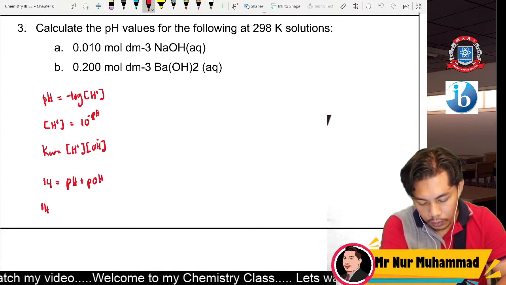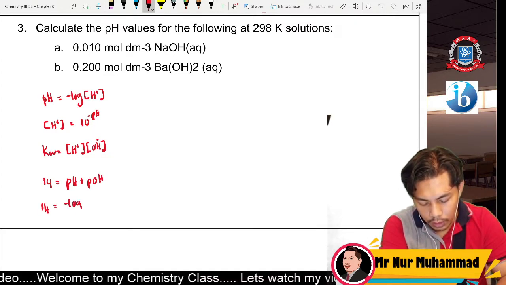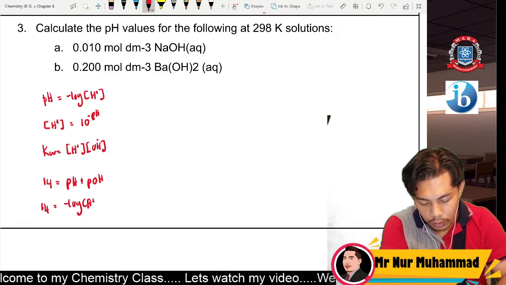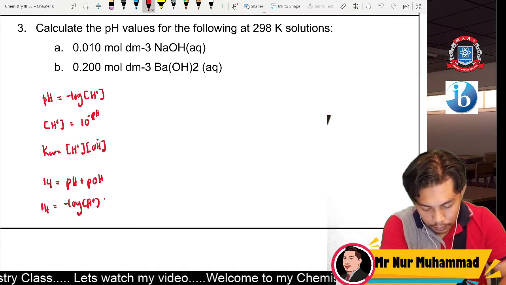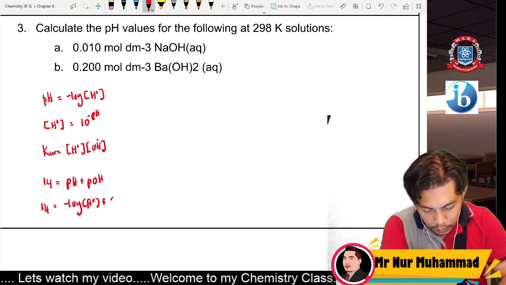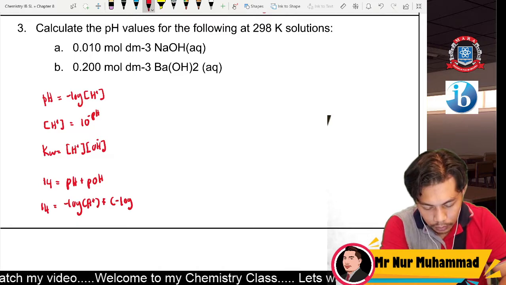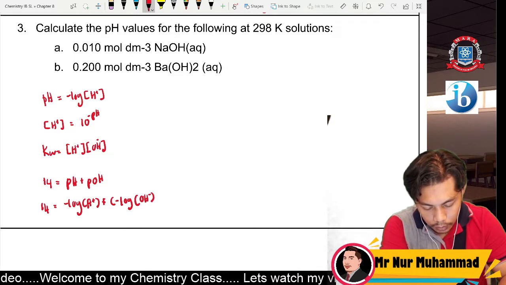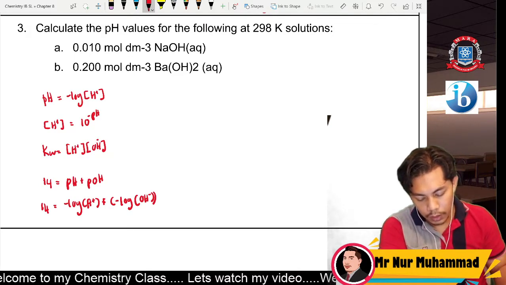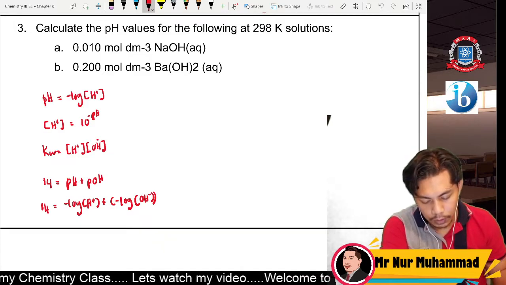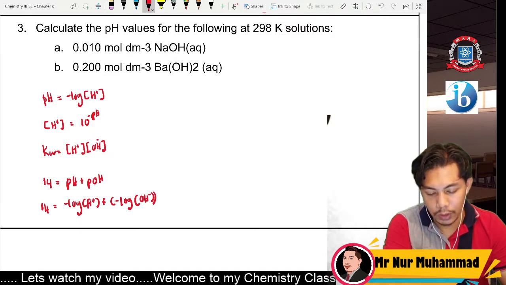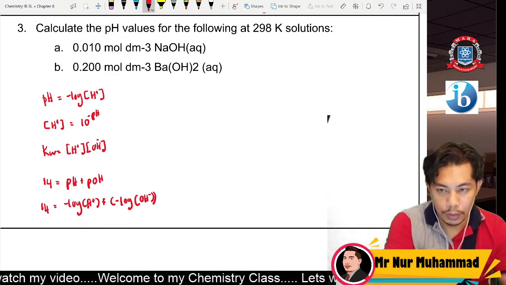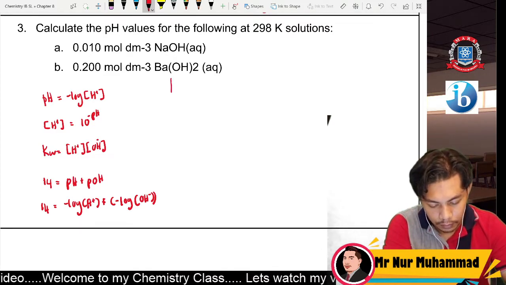14 is equal to negative log concentration of hydrogen ion plus negative log concentration of hydroxide ion. So these are a few formulas that you must know that we can use in pH scale exercises.